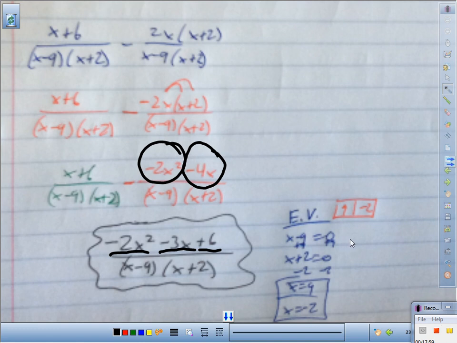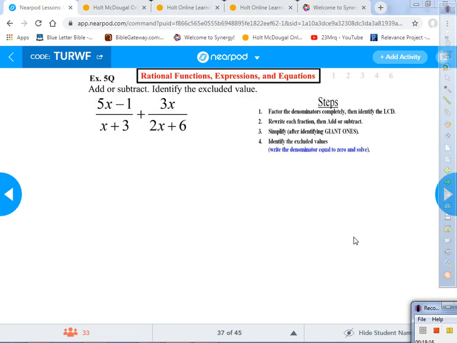Let's do another one. Example 5Q, and that one is number 7 on your play sheet C. Does everybody see?